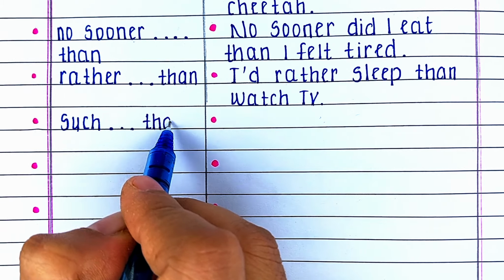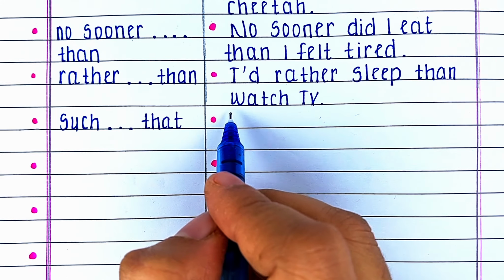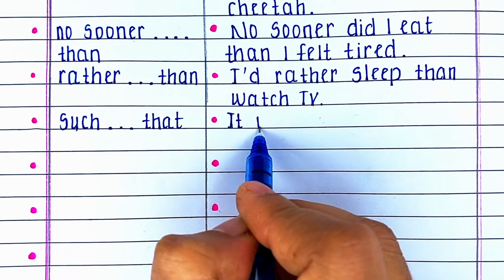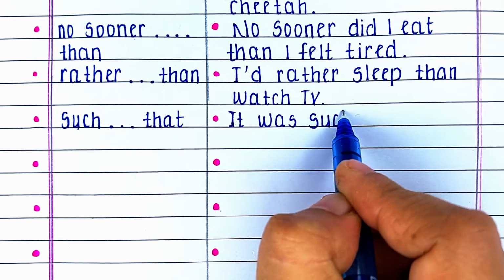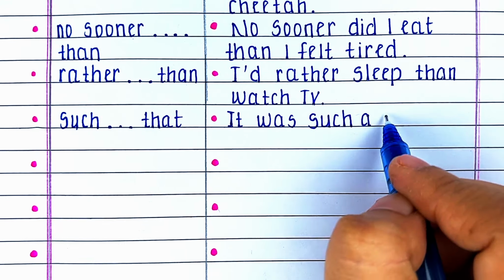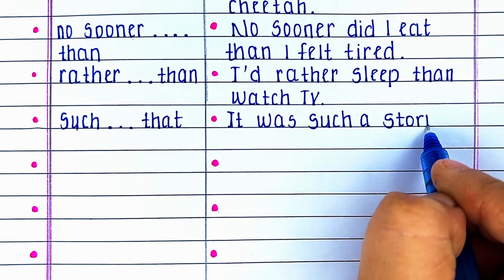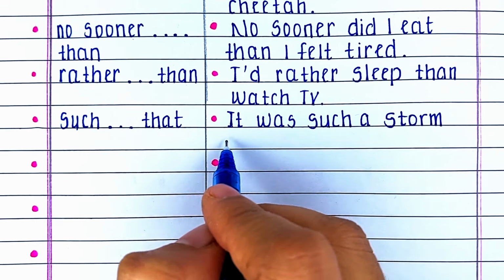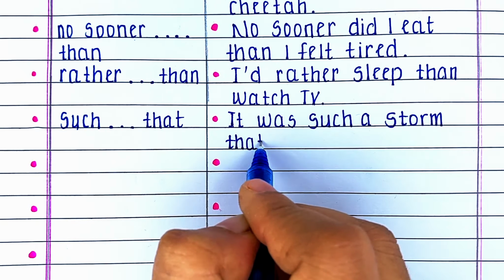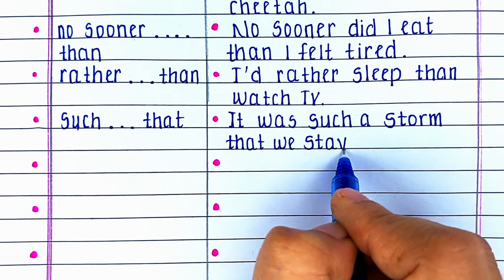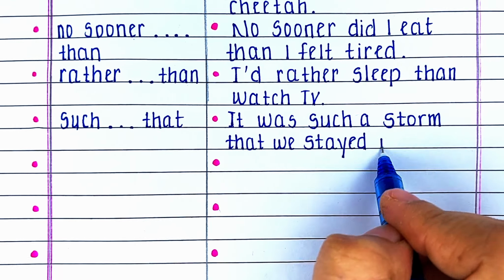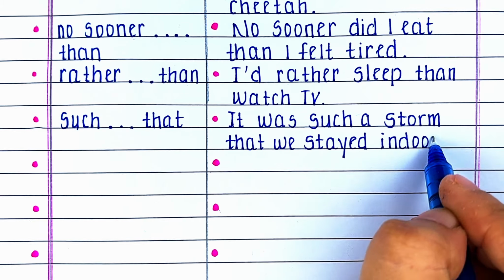Next, such and that. Example: It was such a storm that we stayed indoors.